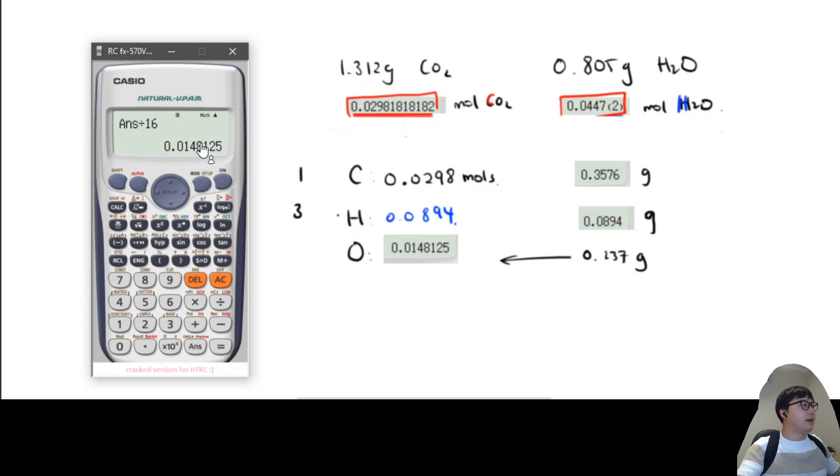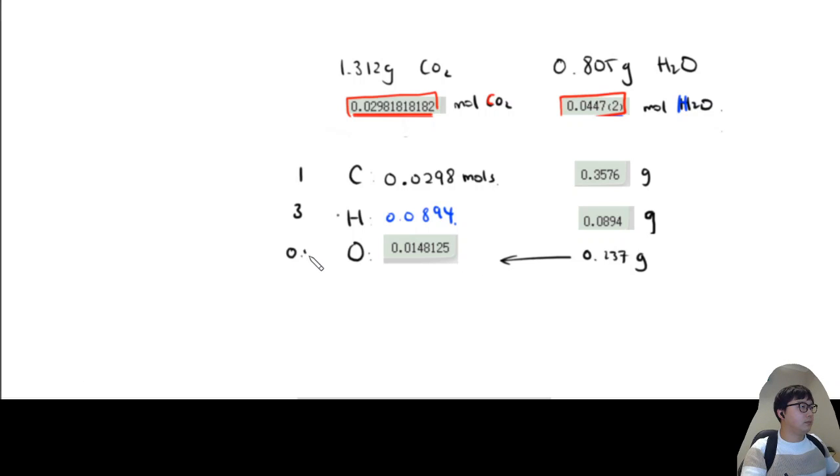And then finally divide that by 0.0298. Then that gives me 0.5. So that means the ratio is 2, 6, 1, right? That's why the formula is C2H6O1. Okay, so that's the end of the question.